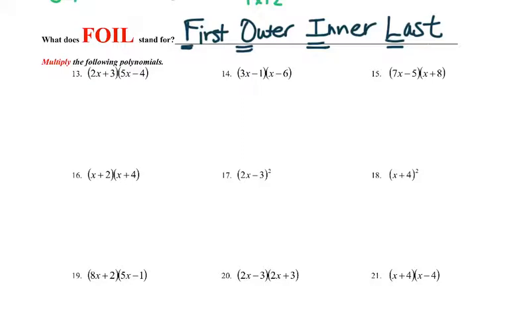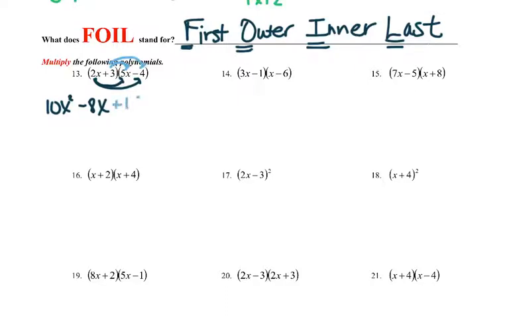double distributing, where you take the term, like here the 2x, and you multiply it by each term in the parentheses. 2x times 5x is 10x squared. Negative 4x times 2x is negative 8x. Then you take the 3 and distribute that to each term.